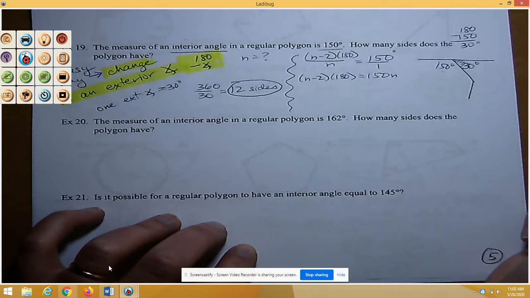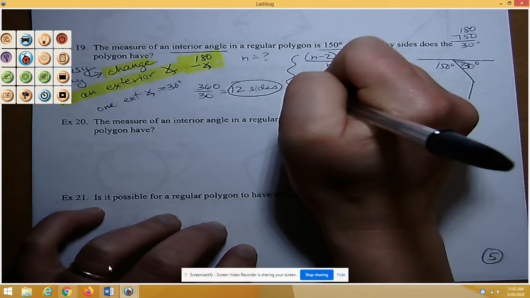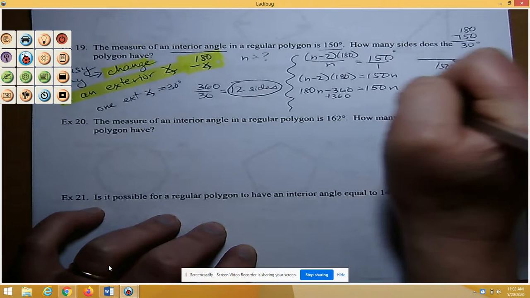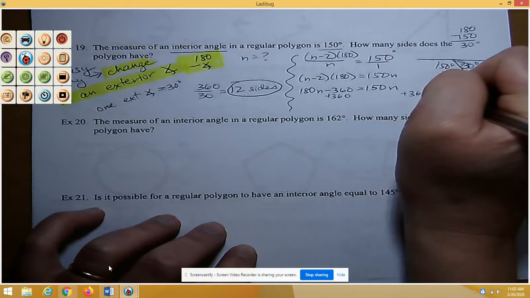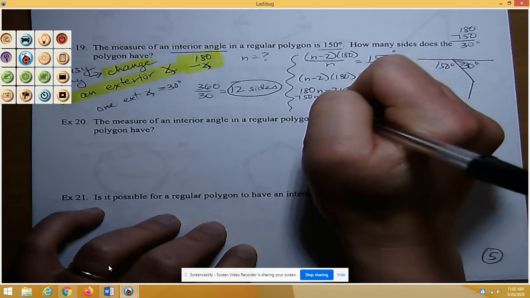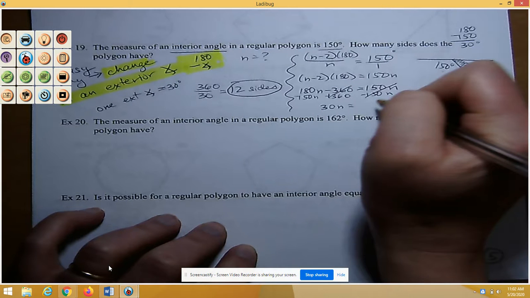So 180n minus 360 equals 150n. Then I would add 360 to each side. See how this is a lot of work? And I would subtract 150n from each side, so that way I have a positive. So when I subtract, those cancel, and I get 30n equals 360. Well, wait a minute, I had that at the beginning, because now I just divide by 30. And now n equals 12 sides.